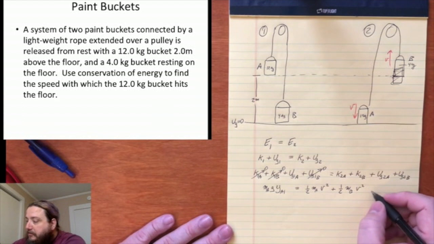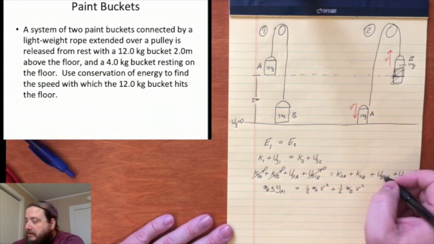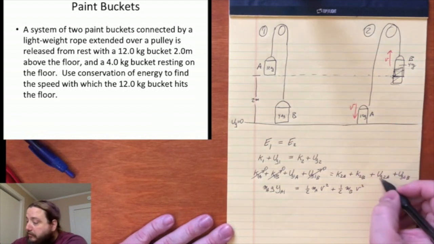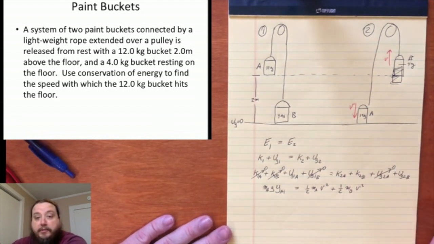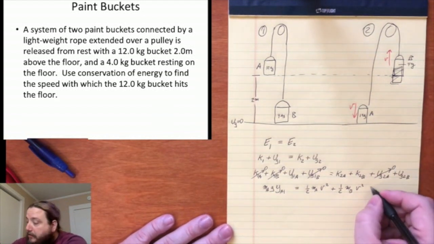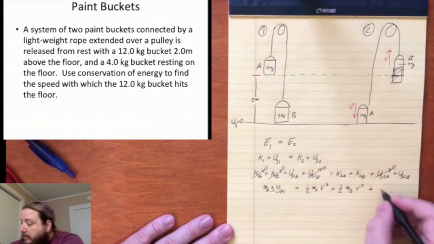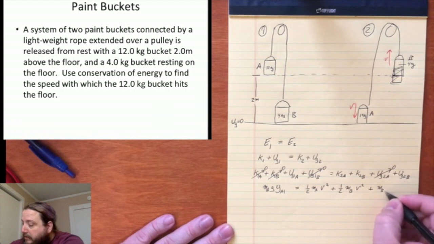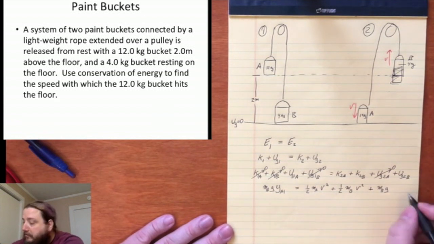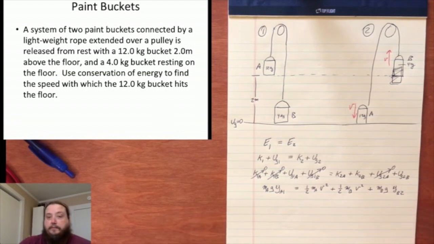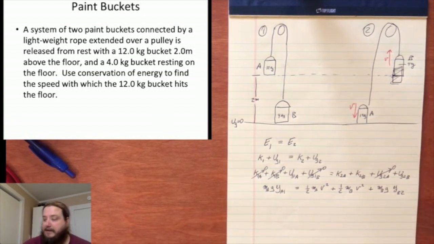The gravitational potential energy of bucket A, well, bucket A is on the ground, so the gravitational potential energy of bucket A will be 0, and the gravitational potential energy of bucket B will be mass of bucket B times 9.8 meters per second squared times the altitude of bucket B at moment 2, which again is that same 2 meters.